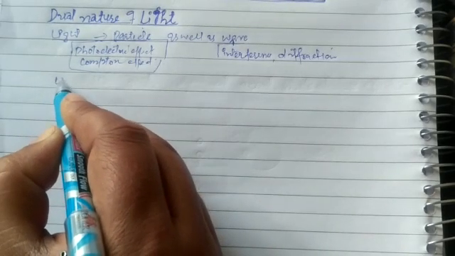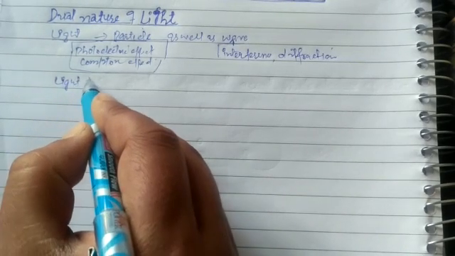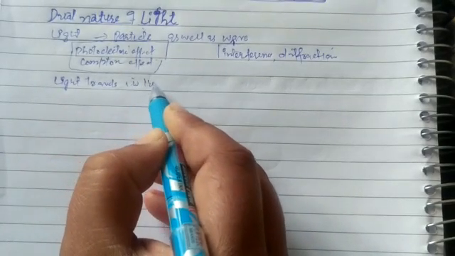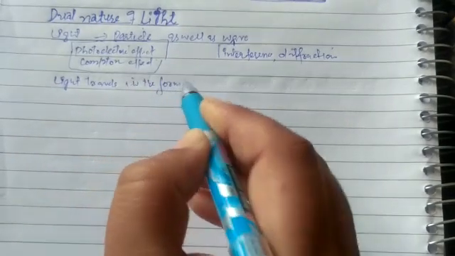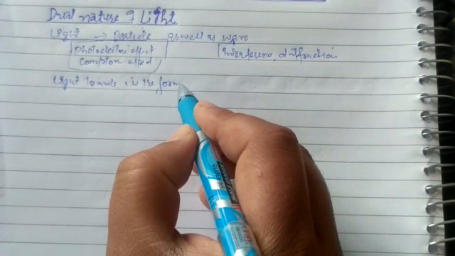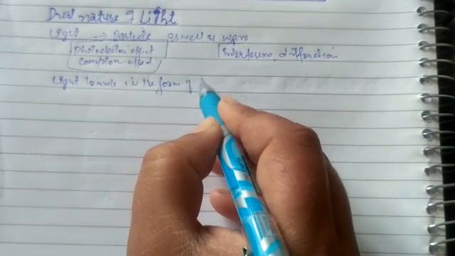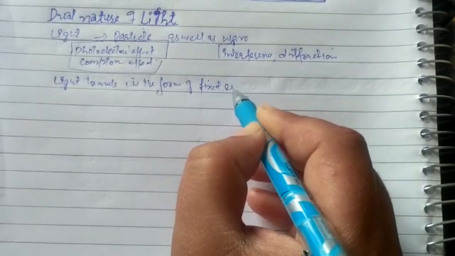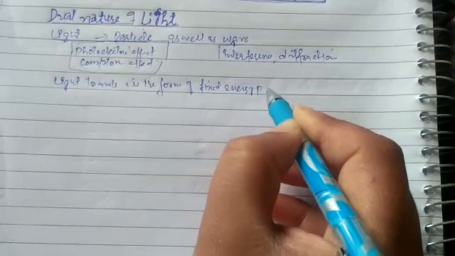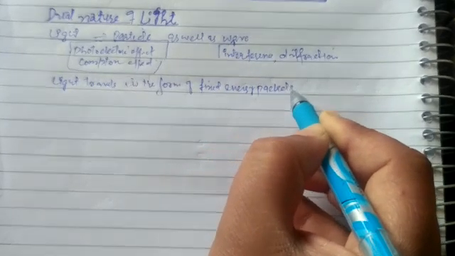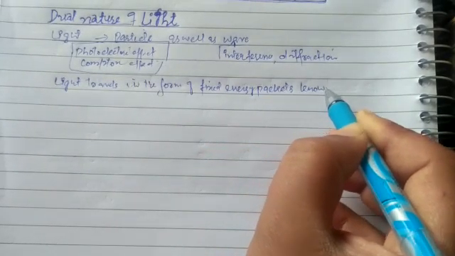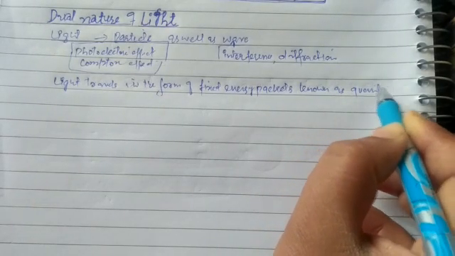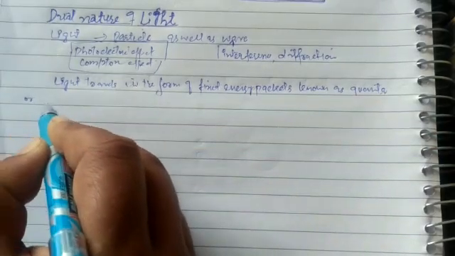Light travels in the form of fixed energy packets known as quanta or photons.